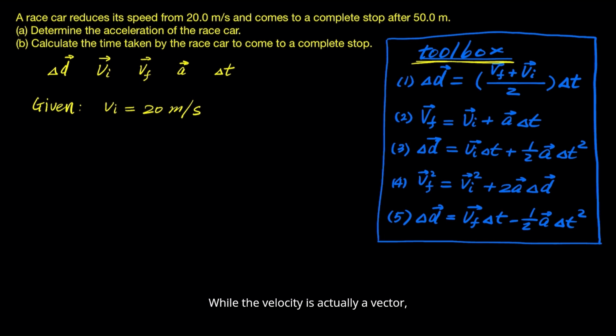While velocity is actually a vector, it includes both magnitude and direction. But we are now dealing with a one-dimensional problem, so we can just assume that the car is moving forward. So if we add the direction of the velocity, it's forward. Then we can add this little arrow on top, but the direction won't affect our calculations.